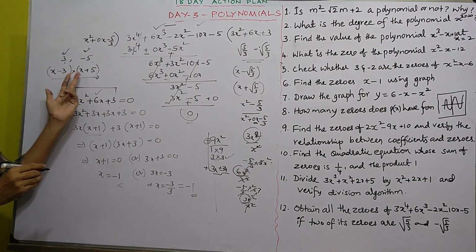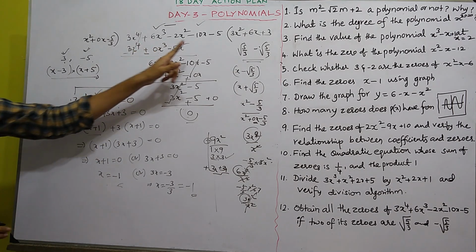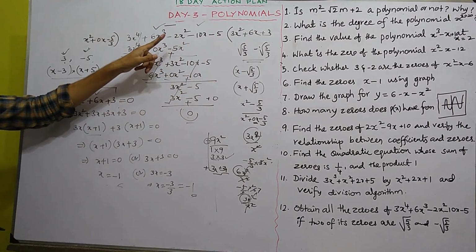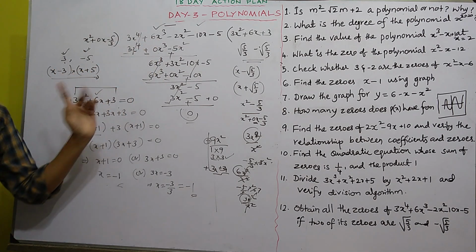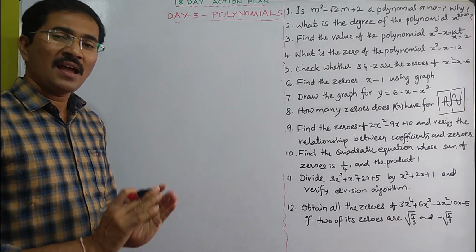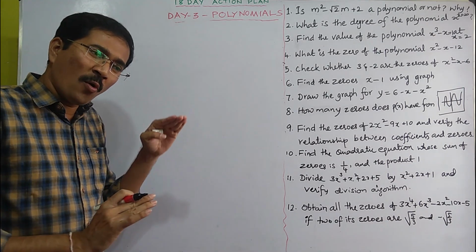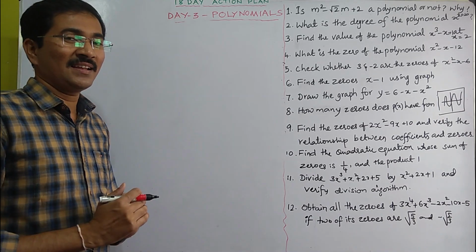That means for that these two will be the factors. Like that, here the factors of this one divide this one, and from the factors you will get the zeros. If we take a quadratic equation and observe what happens as we go on factorizing and finding the zeros, you will find an interesting thing.